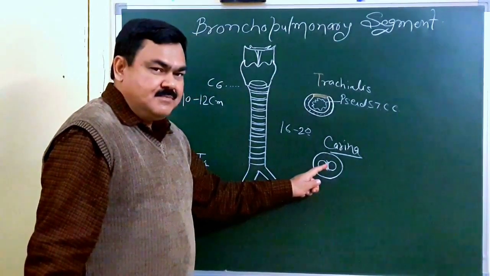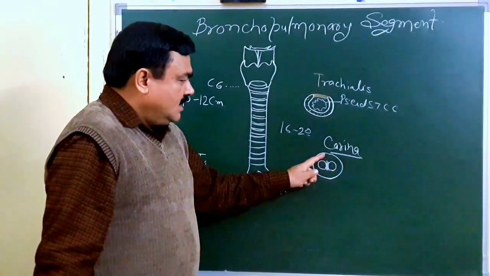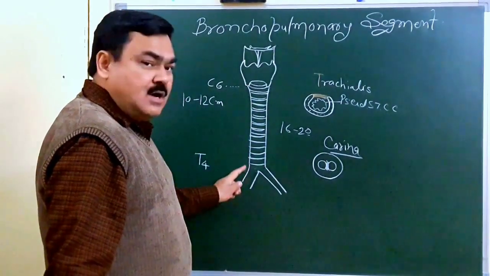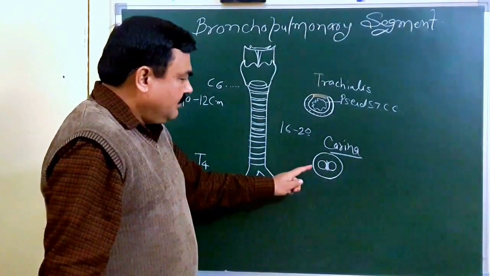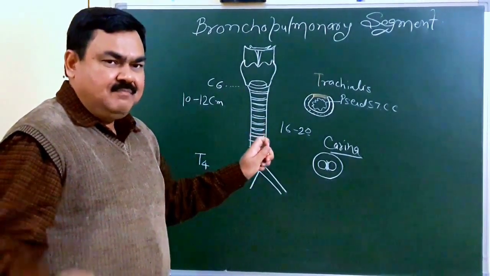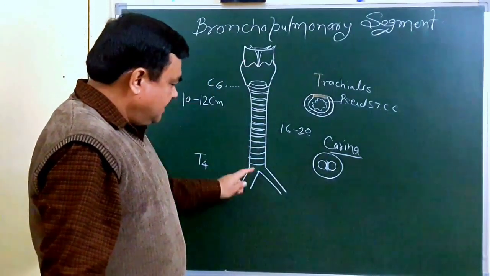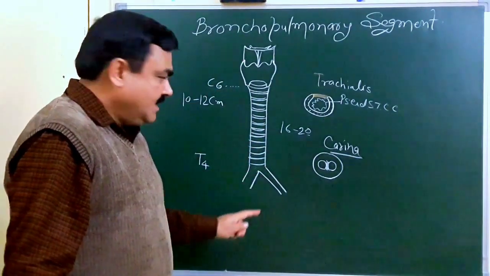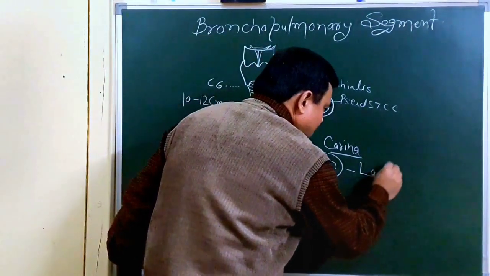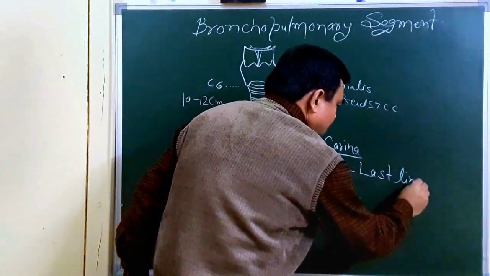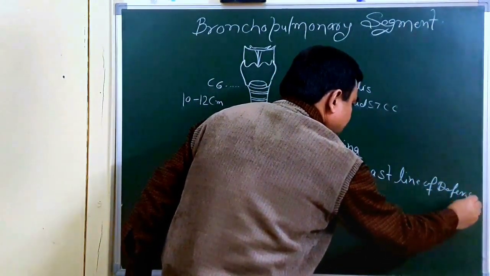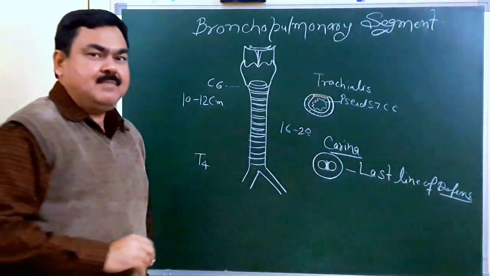So this is important for the endoscopic view of the lung, and also in case of a foreign body like a pea etc., if it reaches here, the carina acts as the last line of defense for the foreign particle.